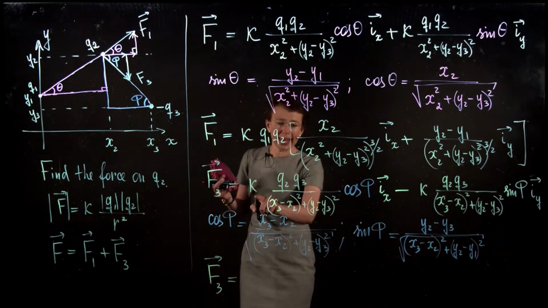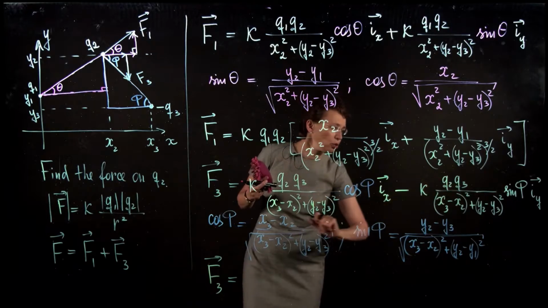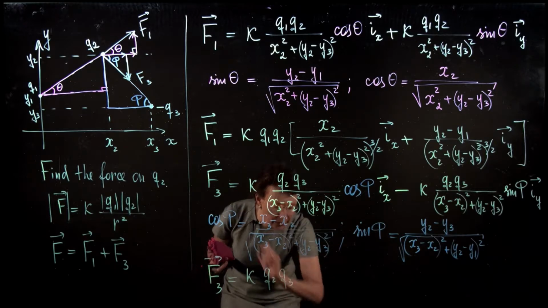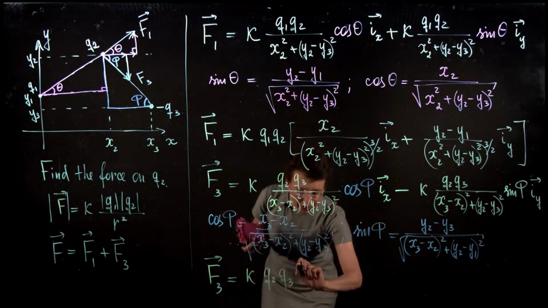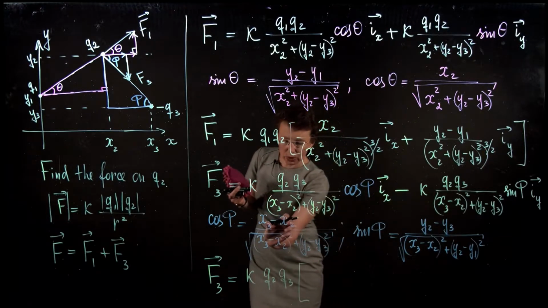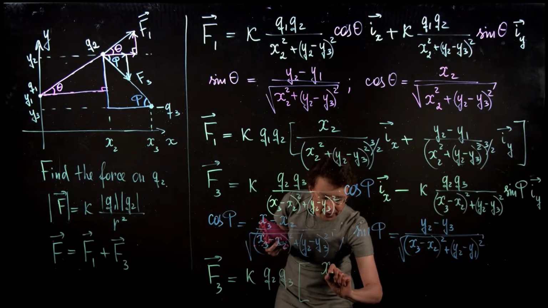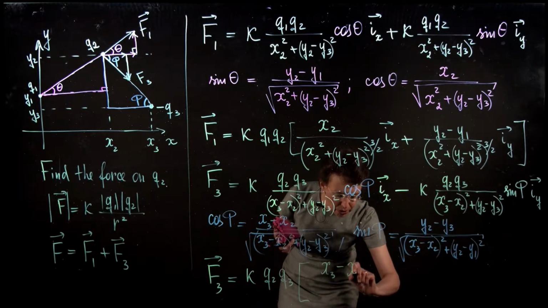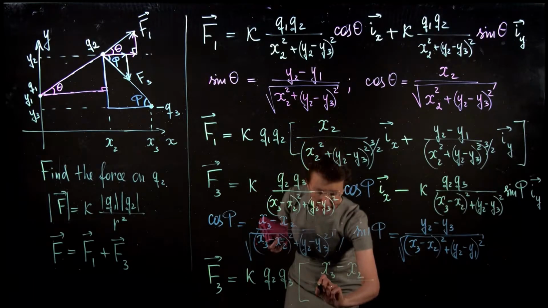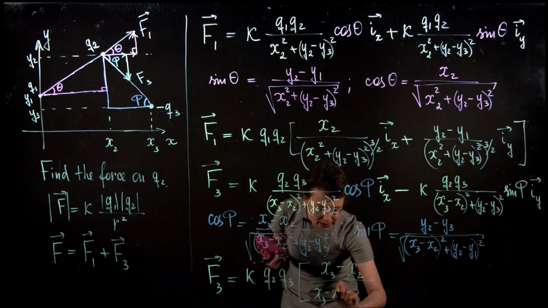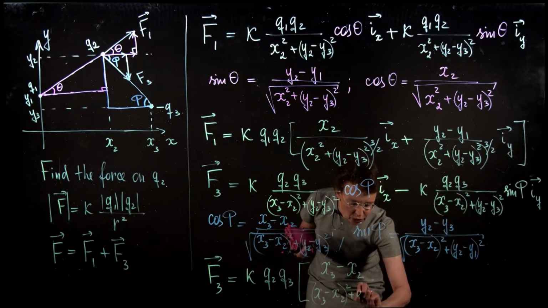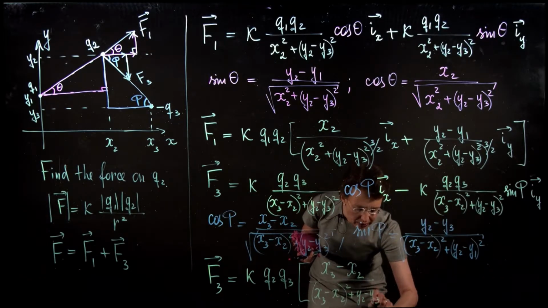I will factor out k, q2, q3. And then in brackets, from cosine phi, I will have x3 minus x2 divided by this guy, x3 minus x2 squared, plus y2 minus y3 squared.